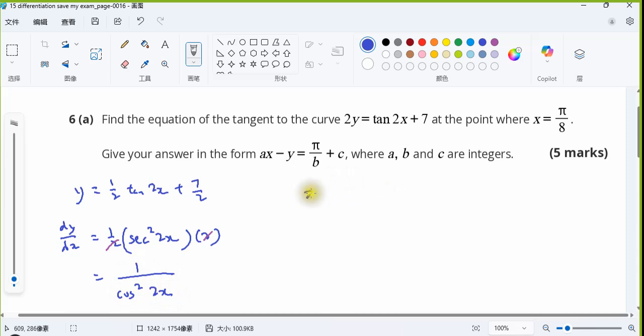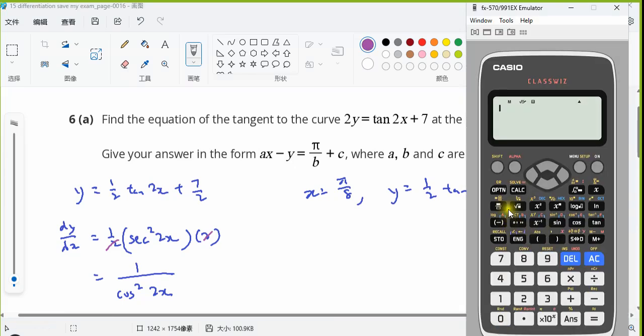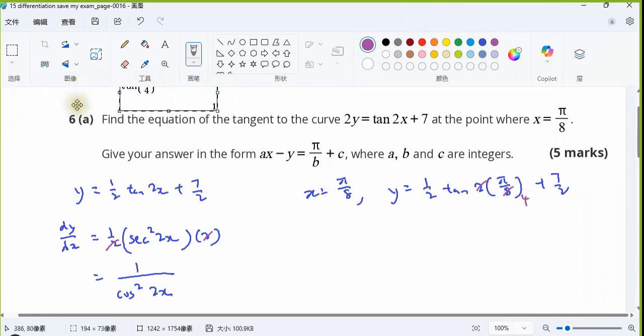So when x equal to pi over 8, y will be half tangent 2 times pi over 8 plus 7 over 2. So this is pi over 4. So tangent pi over 4 is actually 1.